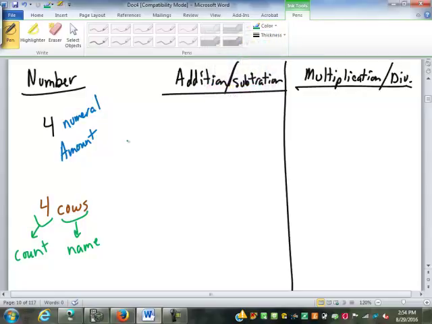So let's take something like 4 inches plus 7 inches. When we add those, what do we get? 11 inches, perfect. So if we look at our count and our name and see what happens: we take our counts. We had 4 and 7, and what happened to those?